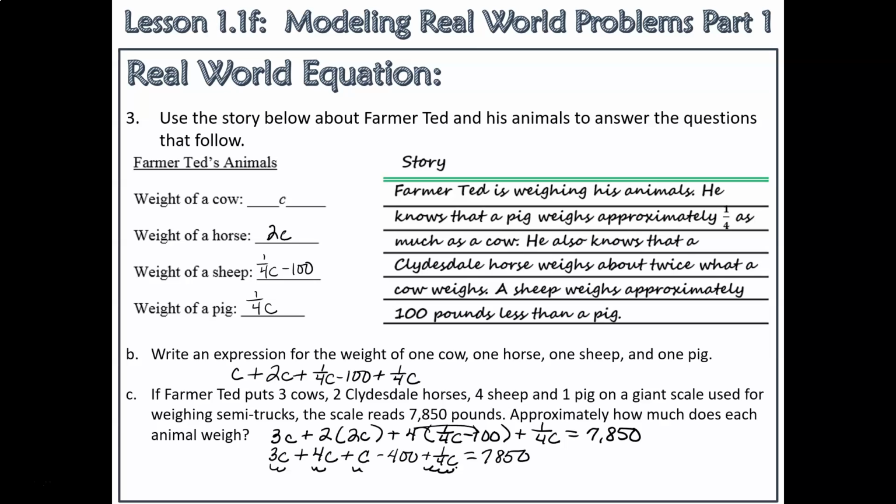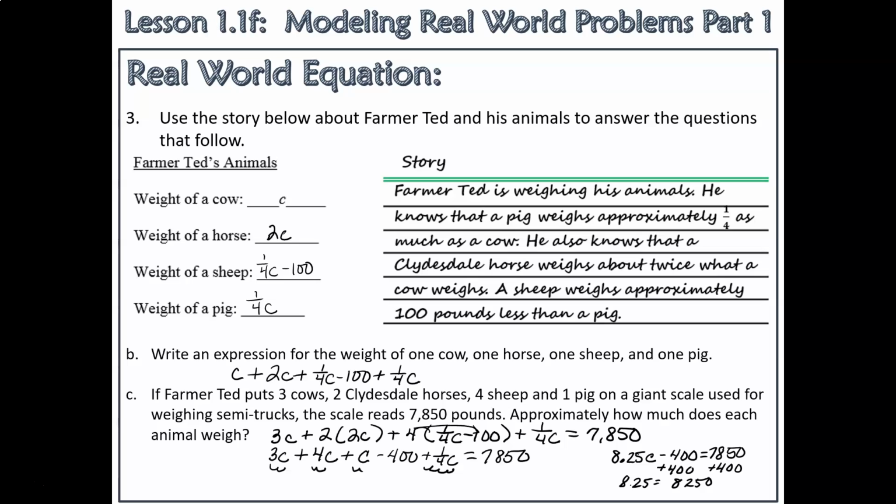And they total 7,850. If I add up all the C's, I have 7, 8, 8 1/4, which is 8.25 C, minus 400 equals 7,850. If I add 400 to each side, I get 8 1/4 C equals 8,250.